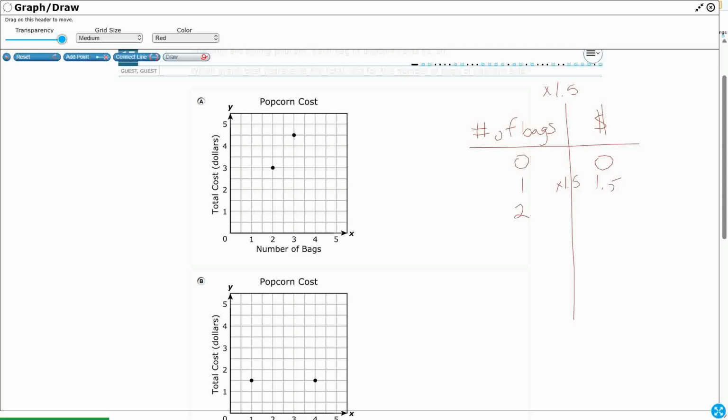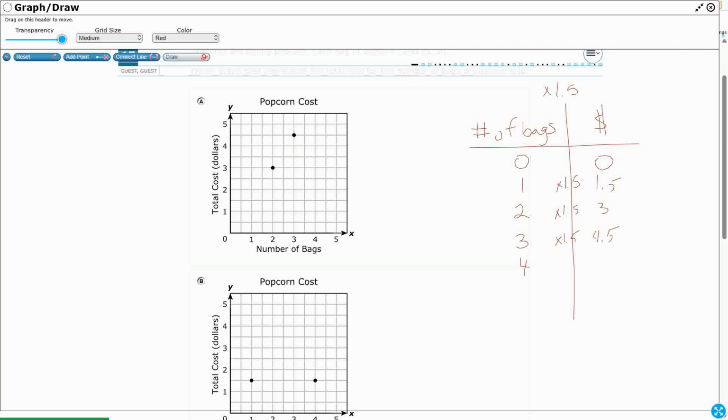What if I had 2? Well, 2 times 1.5. I could multiply that, or I could just add another 1.5, right? So if we double 1.5, we're going to get 3. And so 3 times 1.5, that's going to be 4.5. And let's just do one more, 4.